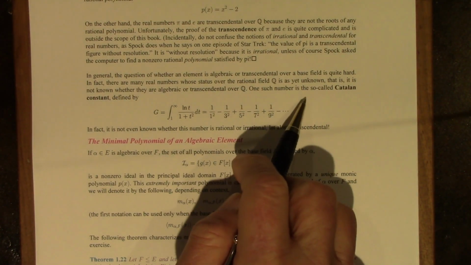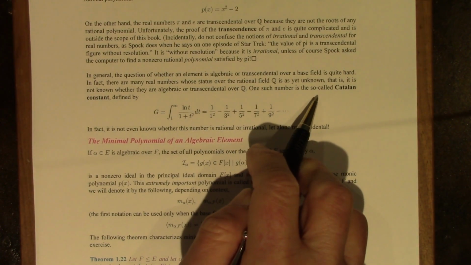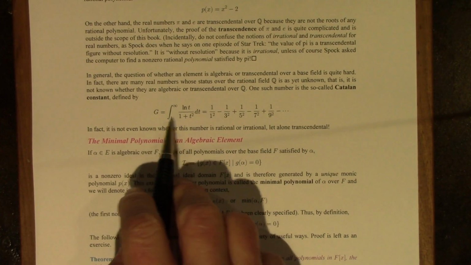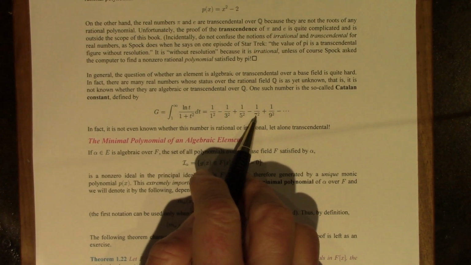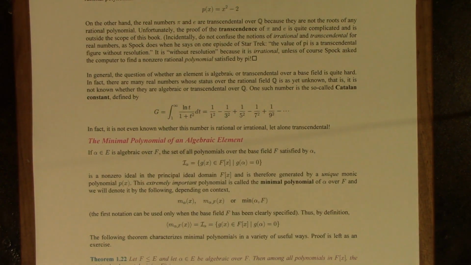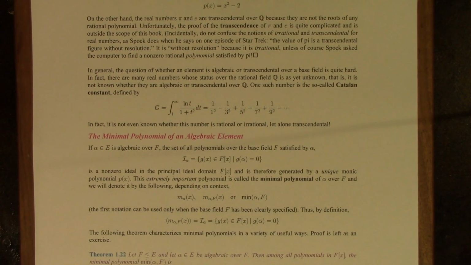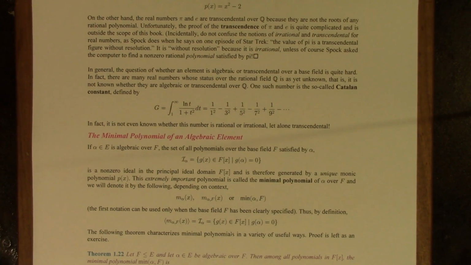And one such number is the so-called Catalan constant, which is defined this way. And what's interesting about this number is we don't even know if it's rational or irrational, let alone transcendental. Okay, so the subject of transcendence is quite complex.